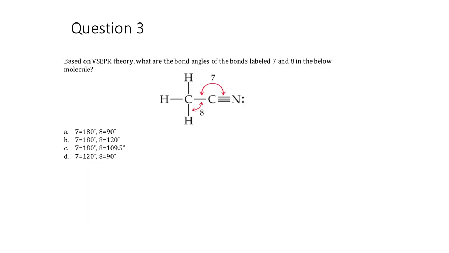Question 3, based on VSEPR, what are the bond angles we expect for the bonds that are labeled 7 and 8 in this figure? This is one of the homework questions from the back of the book. The bond angle about this carbon here has 2 domains. I'm looking at this carbon and just asking how many domains it has, and the answer is 2.